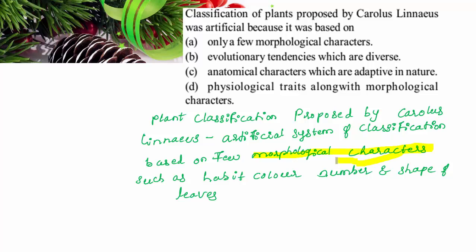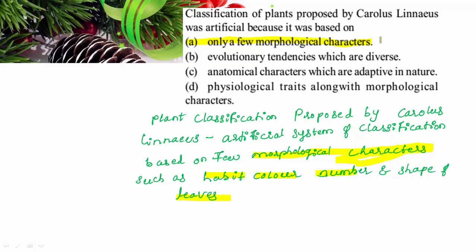He used only morphological characters such as habit, color, number and shape of the leaves. Like this, he considered only morphological characters to explain the classification of plants. Therefore, the term is artificial.